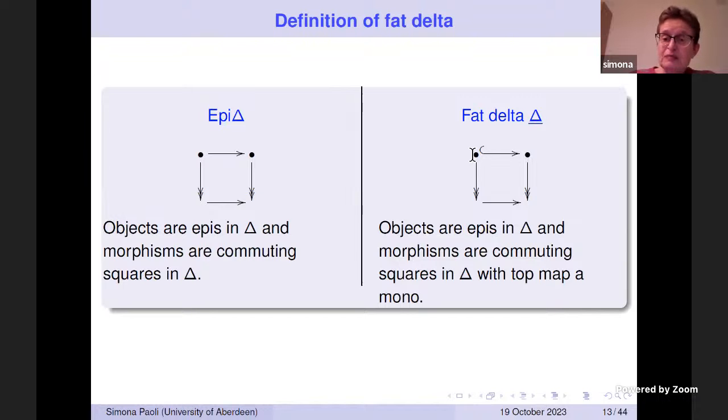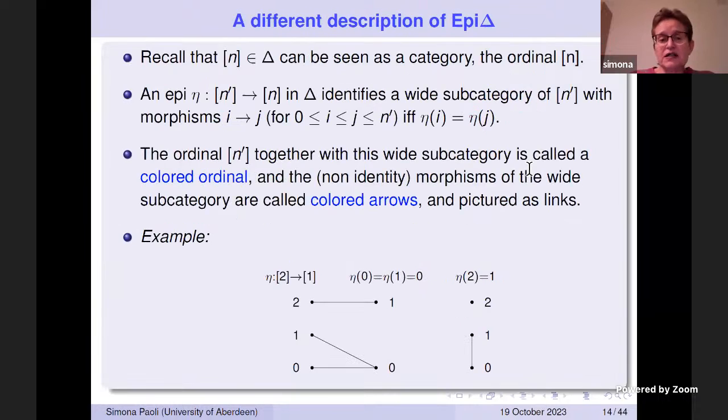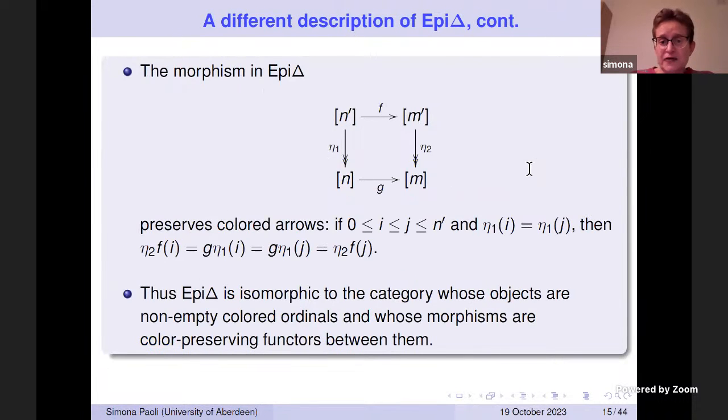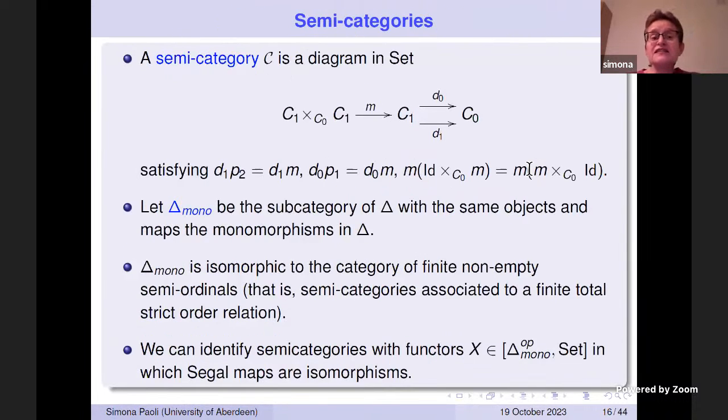So to explain this, we need to remind the notion of semi-category. A semi-category is like a category without identities. And remember that inside delta, we can consider the wide subcategory with the same objects and only the monomorphisms. So we denote it by delta mono. Delta mono is isomorphic to the category of finite, non-empty semi-ordinals.